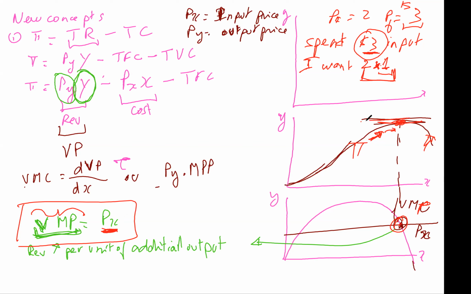That's why at the optimal of profit, we need to have price of X equals value marginal product, because value marginal product is just money that I get from selling one additional unit, or my marginal revenue. And price is my marginal cost, right? PX is my marginal cost. So the same thing like marginal revenue equals marginal cost.